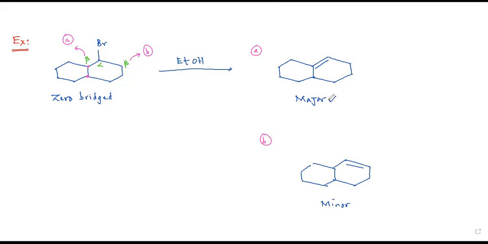See, major, and here the double bond is at the bridgehead because it is a zero bridge. Only when it is a non-zero bridge and the largest ring has less than 8 carbons is the bridgehead double bond not formed. So this is the other interesting thing called Bredt's rule.